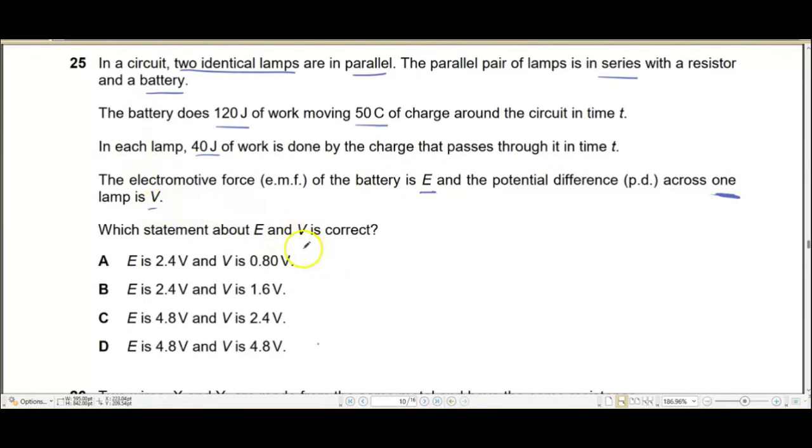Okay, so this is an interesting question. We can easily find E, which is the EMF of the battery. We have a formula for that, which is EMF is equal to work done by battery divided by the charge moved.